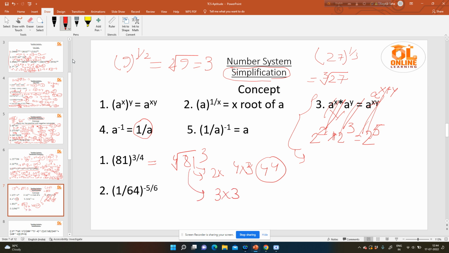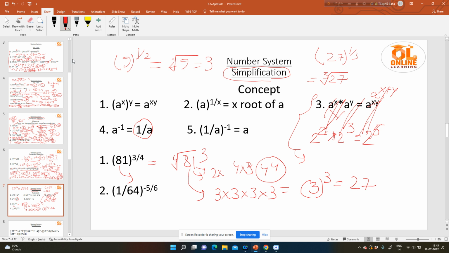3 into 3 into 3 into 3. If you multiply 3 into 3 is 9, 9 into 3 is 27, 27 into 3 is 81. So you can directly think the number is 3. Then 3 to the power 3 is 27. So when you have some big number and you have to analyze, you can analyze this way, because it will not be a power of an even number, since a power of an even number is always even.